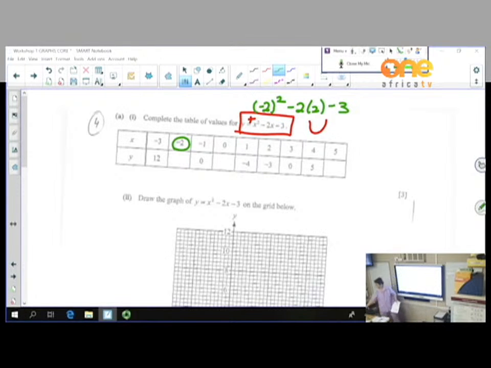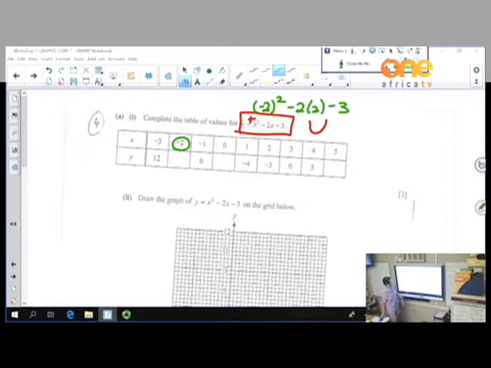So you can take your calculator now, press brackets, -2, close the bracket, squared, -2, brackets 2, close the bracket, -3 is equal to. And what is the value that you get there?